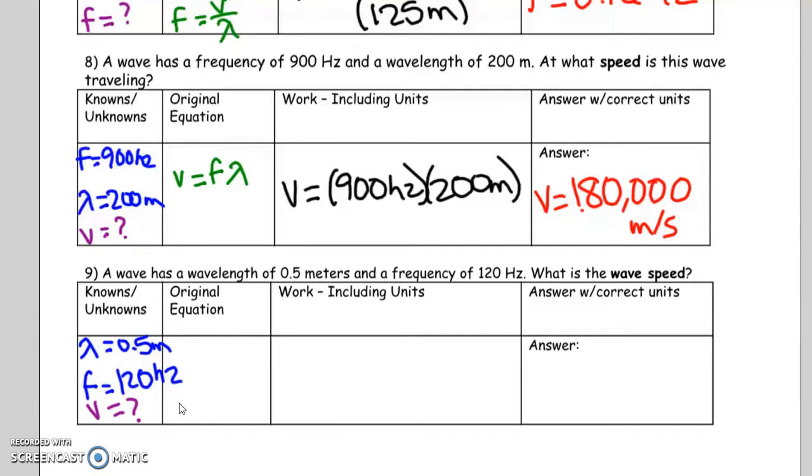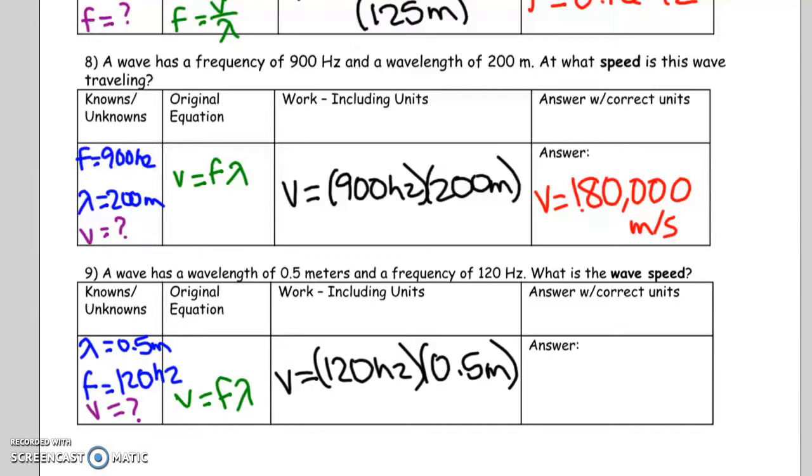So again, I'm not going to need to rearrange this equation because I'm looking for wave speed. Wave speed equals 120 hertz times 0.5 meters, and that gives me a wave speed of 60 meters per second.